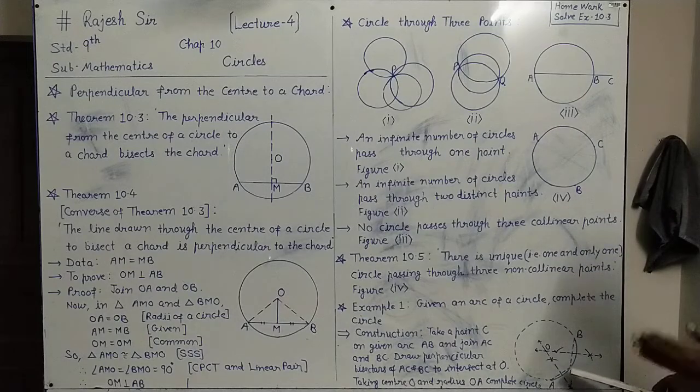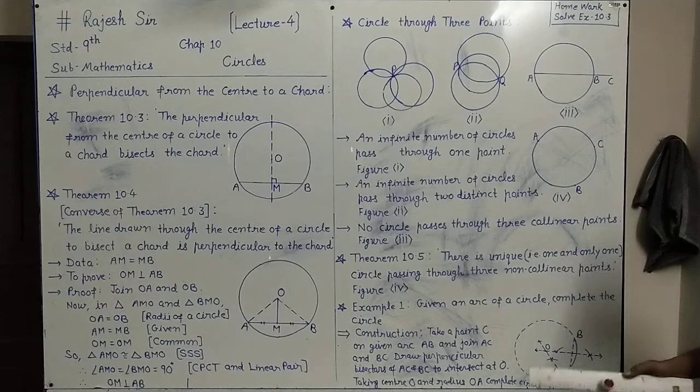Then take your center as C, and with the same radius, cross the two previously drawn arcs on both sides, and draw the line passing through these intersection points. This is the perpendicular bisector of AC.